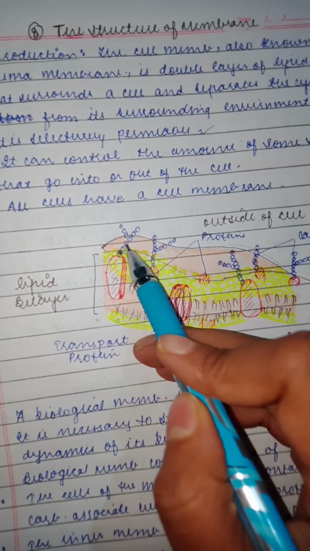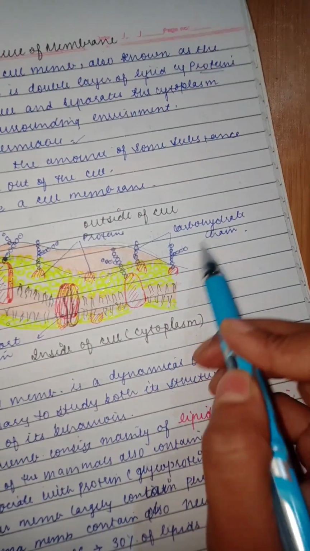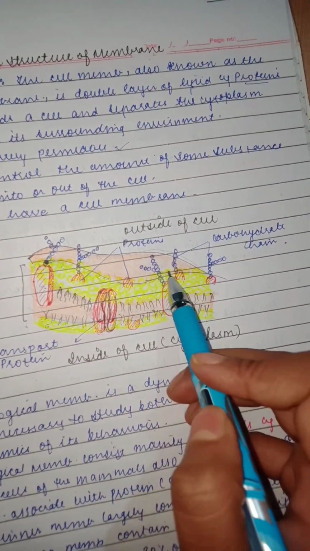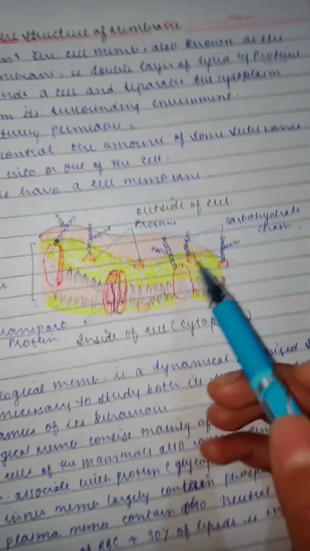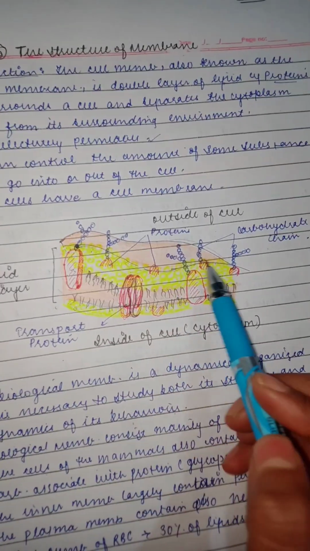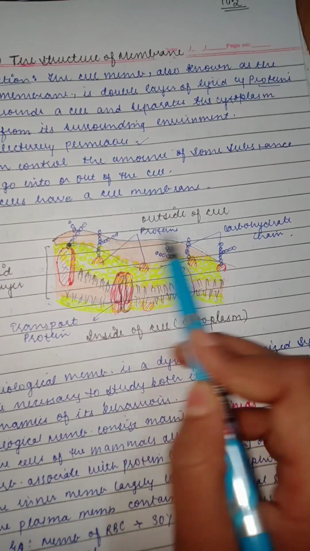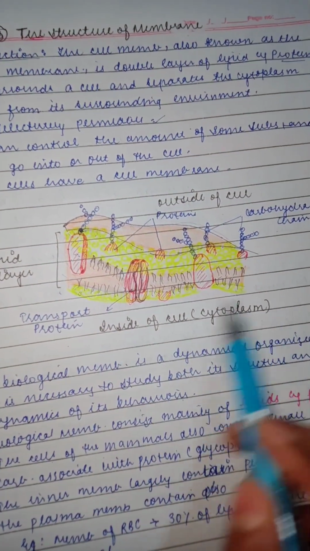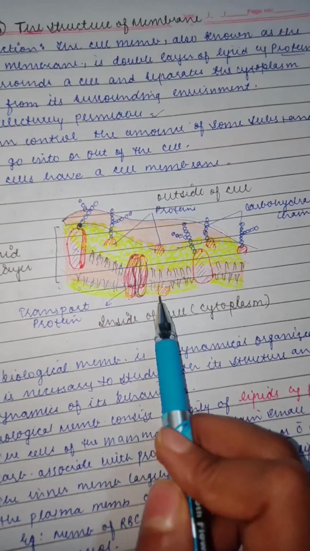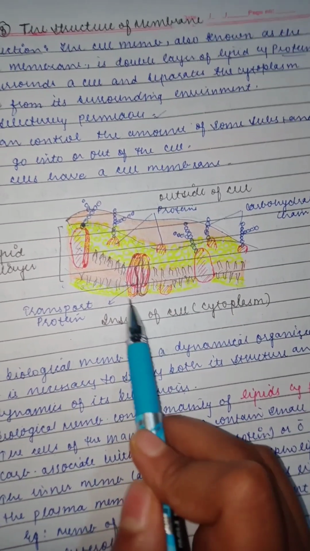On the proteins we have carbohydrate chains present on the cell membrane. You can see these carbohydrates are present outside the cell, and inside the cell, where the cytoplasm is present, we have some protein channels.